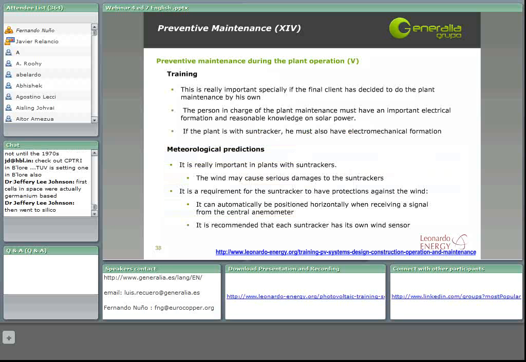Even a more secure solution would be having each sun tracker with its own wind sensor, but this can make our solar plant much more expensive. So we have to consider having a good communication system and a good monitoring system that notifies all the sun trackers when they have to protect from the wind.